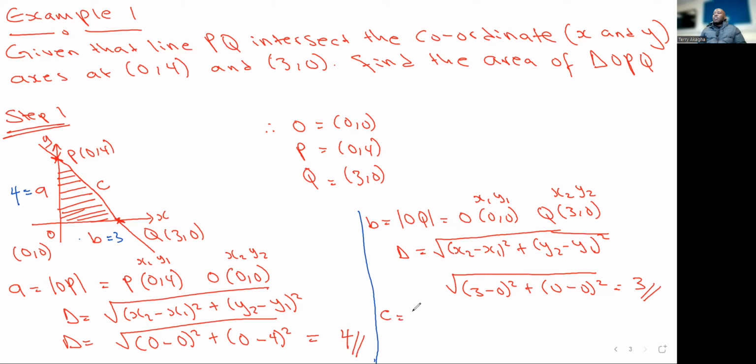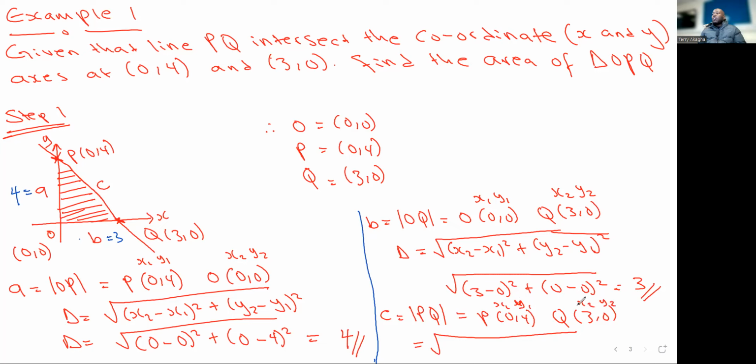Now we can find C. C is equal to PQ, where P is 0 and 4, and Q is 3 and 0. We use the same formula, x2 minus x1, where this is x1, y1 and this is x2, y2.